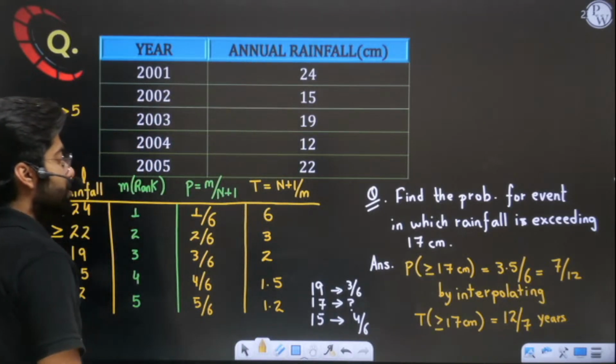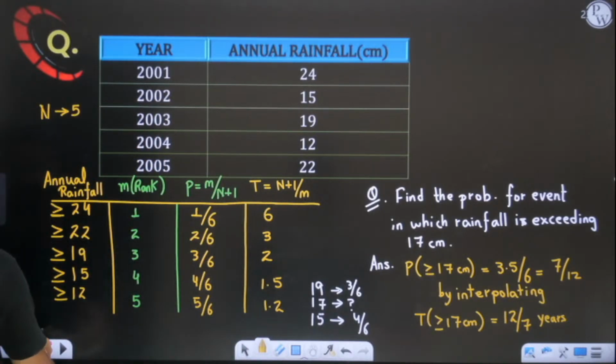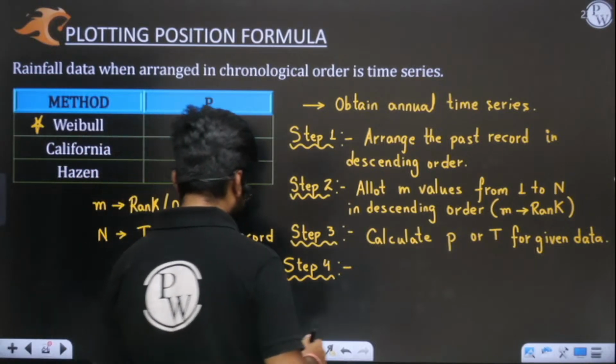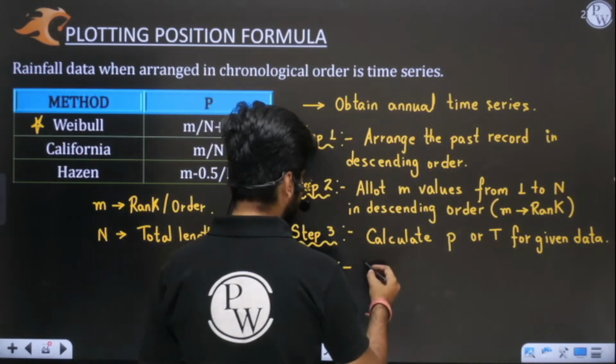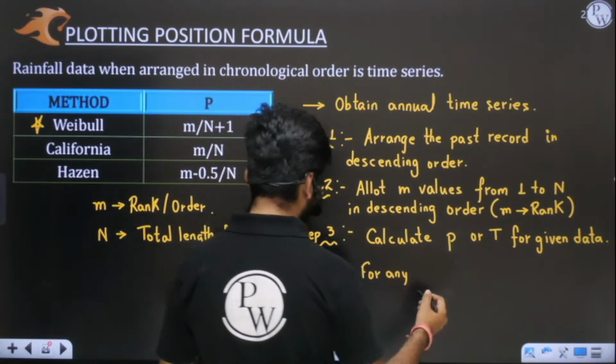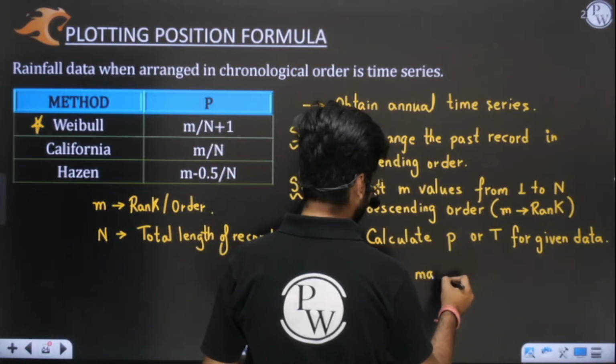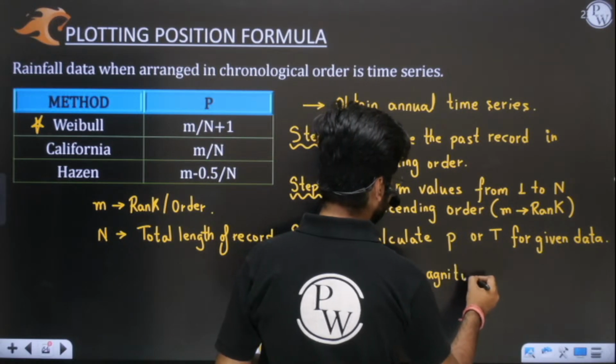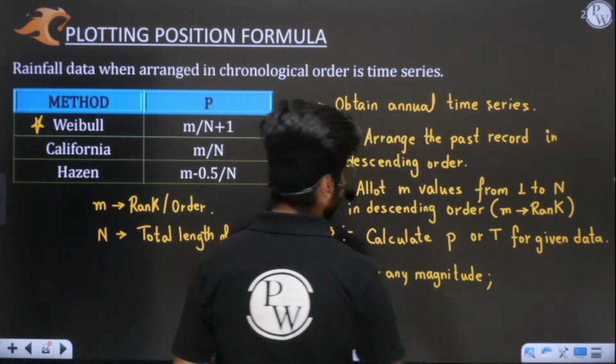Okay, I think the concept is clear to you. So, sir, what you are simply saying in step 4, let me write here. If they are interested in finding probability and return period for any magnitude, how will I find it? I will find it by interpolating or extrapolating.